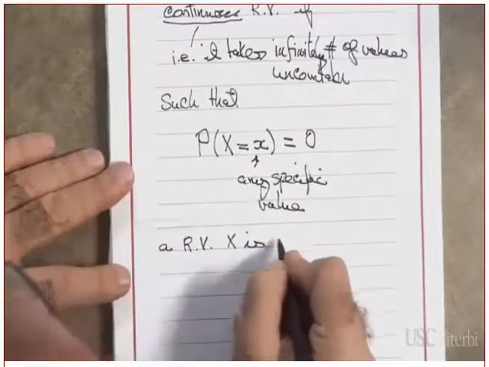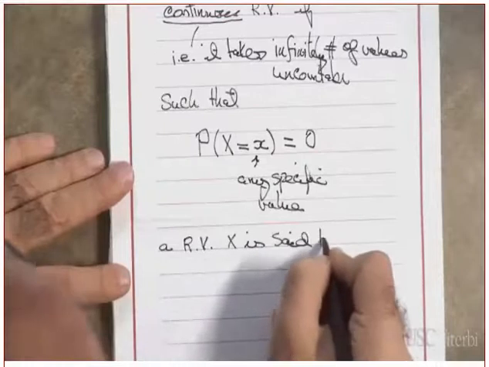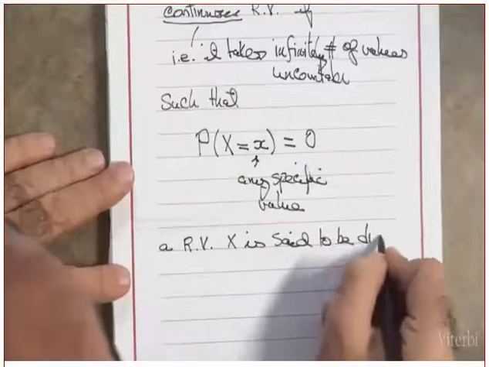What if a random variable X is said to be discrete?